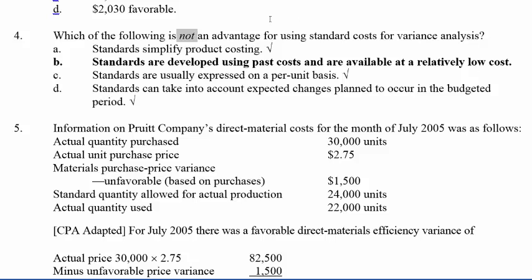All right, so B is our answer. It's the one that stands out. Standards are developed using past cost and are available at a relatively low cost. I mentioned to you guys in the very last video that it's definitely not going to be available at a low cost. We have got to branch out and do some additional research, possibly pull in benchmarking information from other companies.